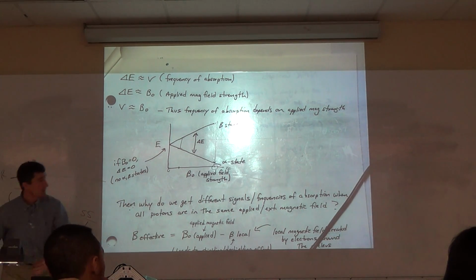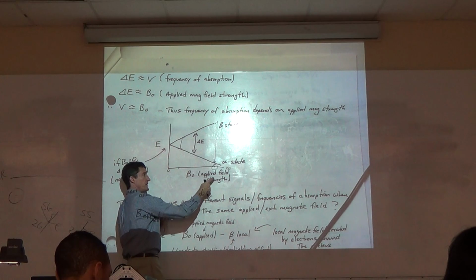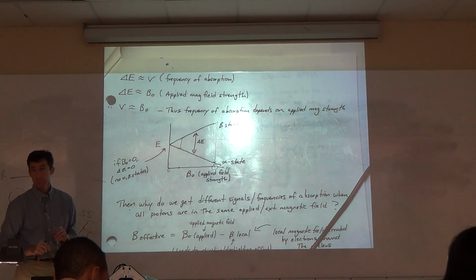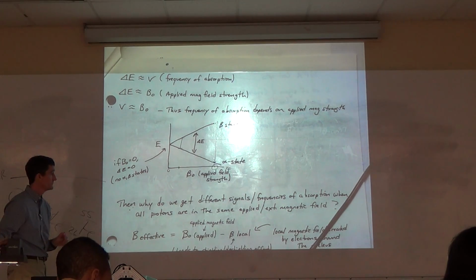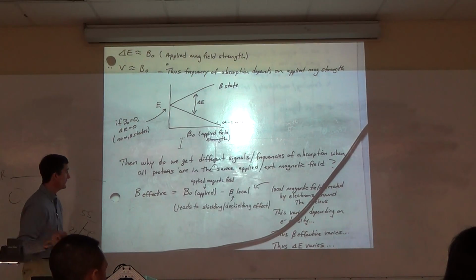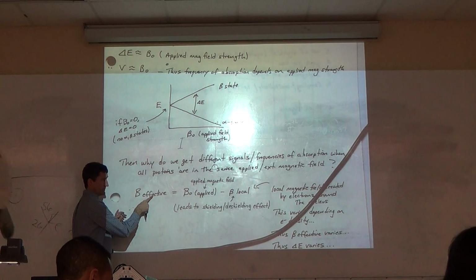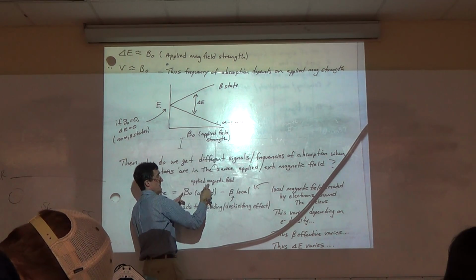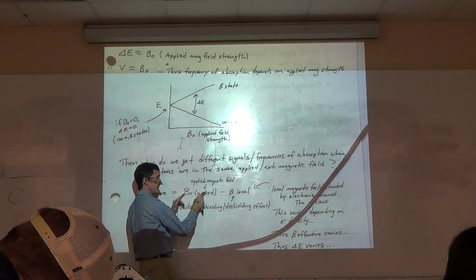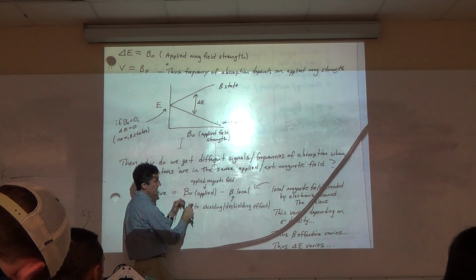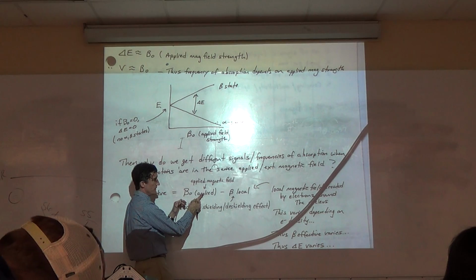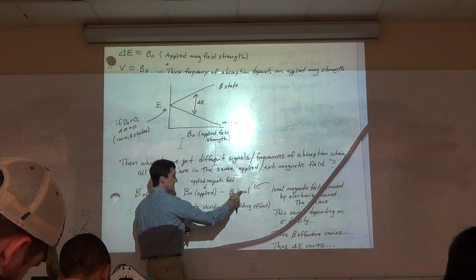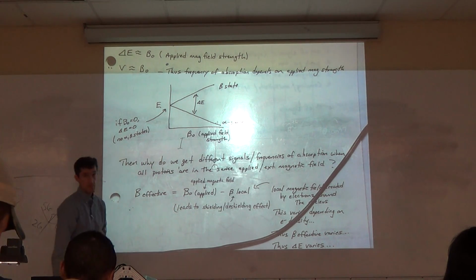The reason they vary is because they don't all feel the same applied field strength. What they actually feel is called B effective. This comes from the applied field, but it is modified by B local, and this is the thing that varies.